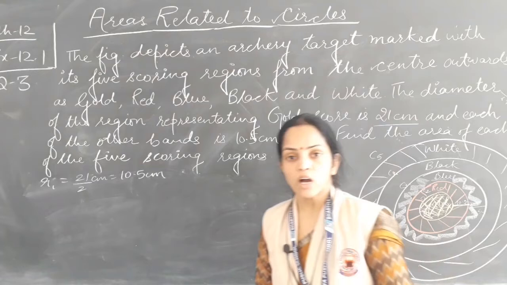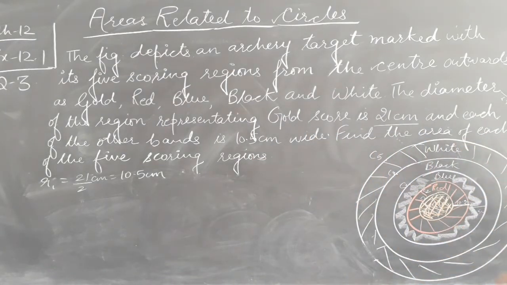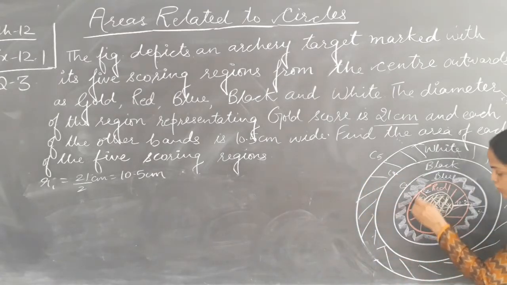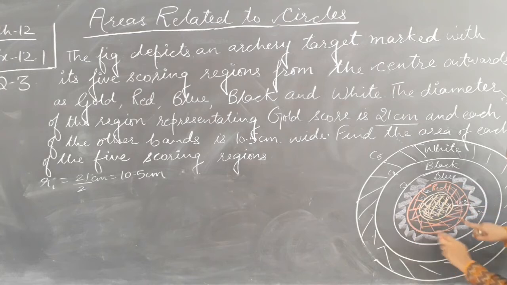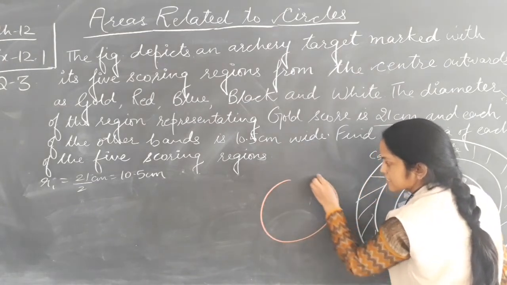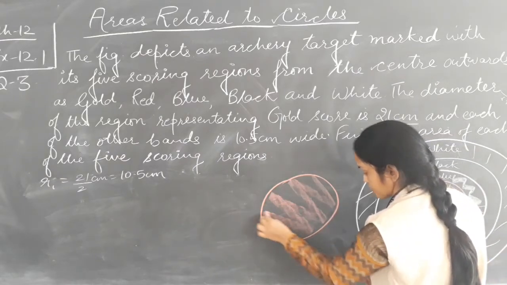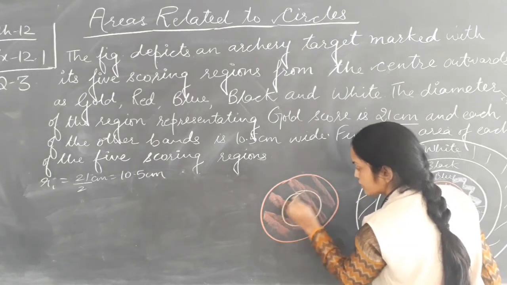Okay. Now for area of red region, please have a look at the diagram. We have to find out area of this red region. For area of red region, we need to find out area of this ring, this one. So how to find out area of this ring? Now have a look. This second circle is red region, okay, it is red. This first circle is gold.